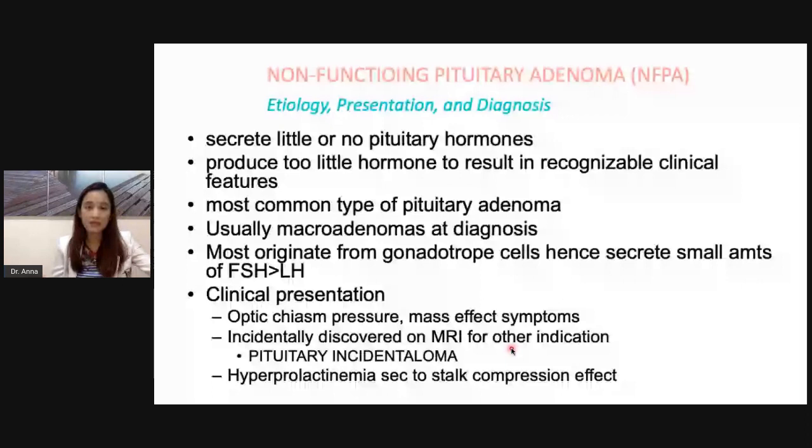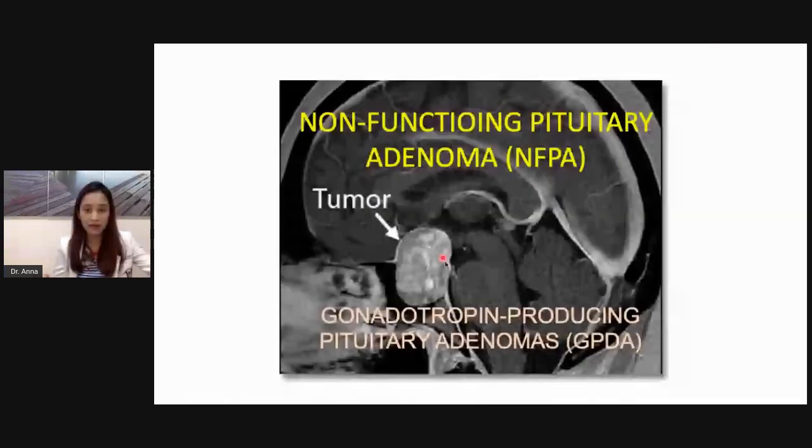Some non-functioning pituitary adenomas can have hyperprolactinemia. Now, this is important, because the hyperprolactinemia comes from the stalk compression effect. So for example, the non-functioning pituitary adenoma is impinging or pressing on the stalk where dopamine cannot reach your anterior pituitary.